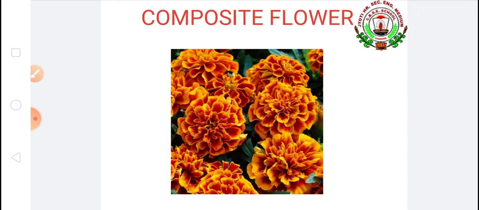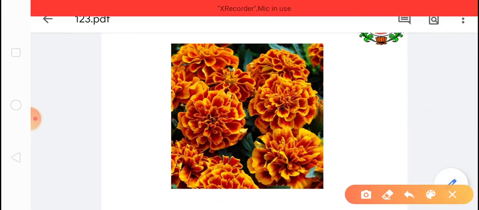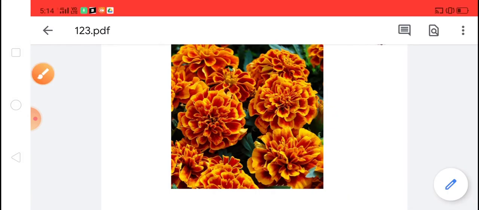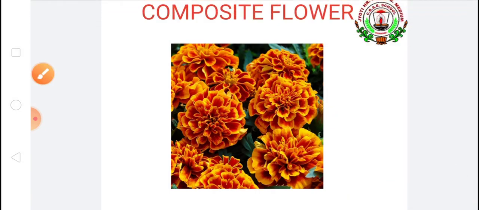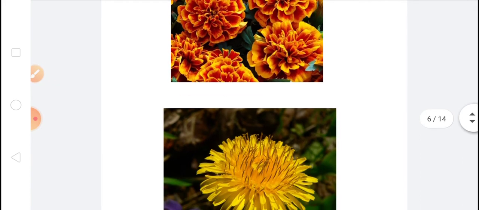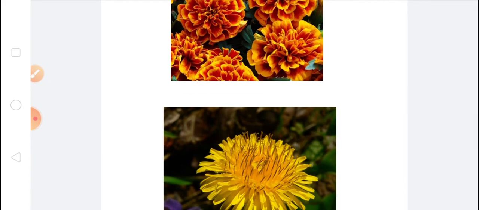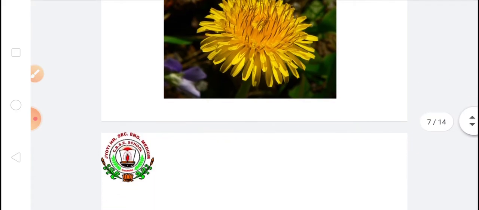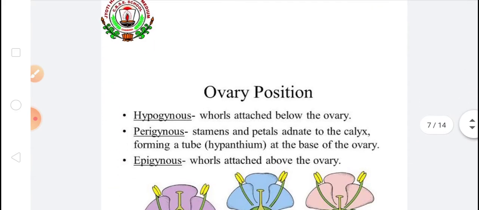One petal of a marigold is a complete flower, a whole flower. Such type of flowers are called composite flowers, for example, marigold.